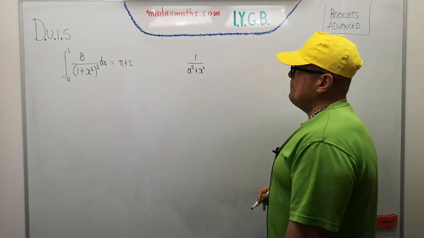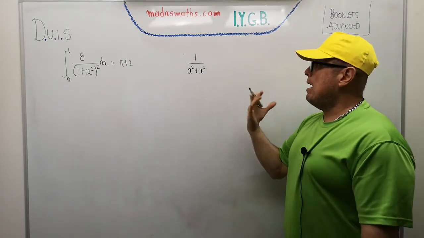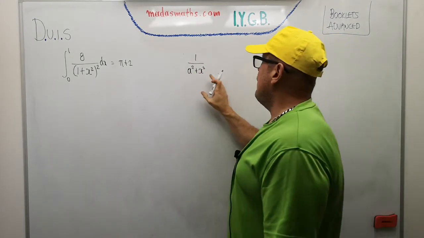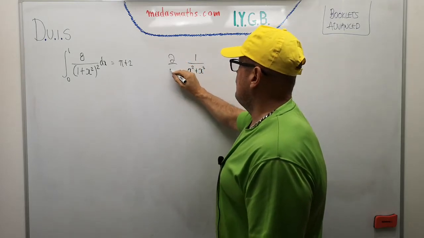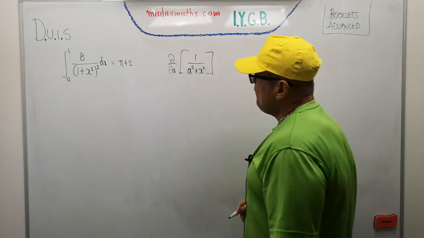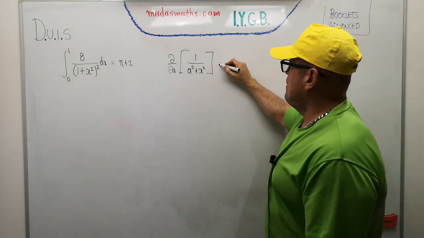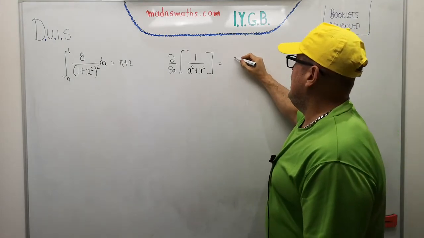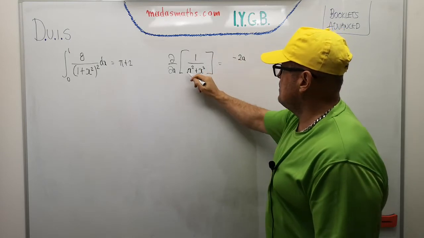Okay, and I'm going to attempt a differentiation. I'm going to treat this a as a parameter. So I've got two variables essentially in there, and I'm going to differentiate this with respect to a and see what happens. If I differentiate this with respect to a, I'm going to get, of course, minus 2a, because that's to the minus 1 times the differential of that.